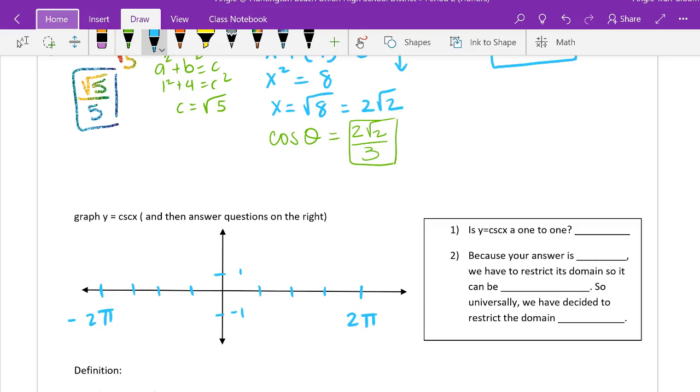Where does it go again? Like you can't equal... y can't equal 0. No, it's X. Which way does it go? It's like above 1.